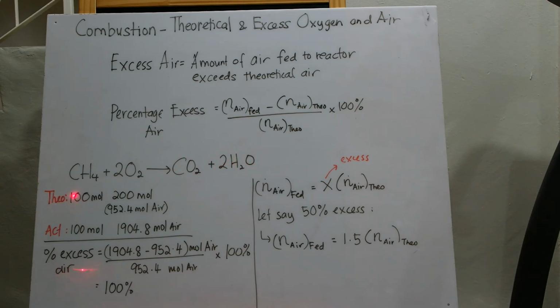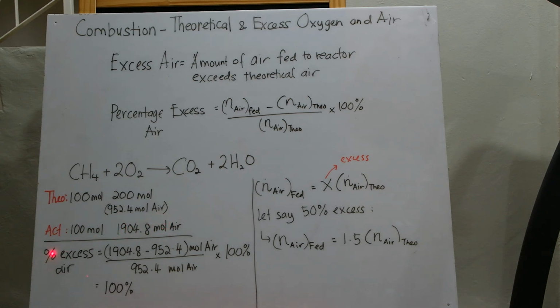Theoretically, if we have 100 mole of CH4, we require 200 mole of O2, and this must come from 952.4 mole of air. But let's say in the actual case, you have only 100 mole of CH4, but the air fed into the process is 1904.8 mole of air. Definitely we have excess here.